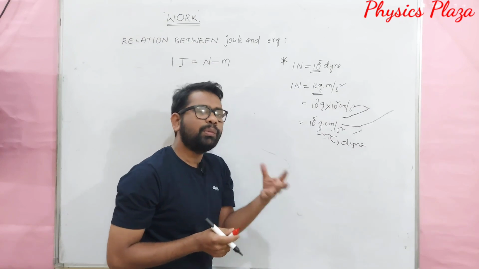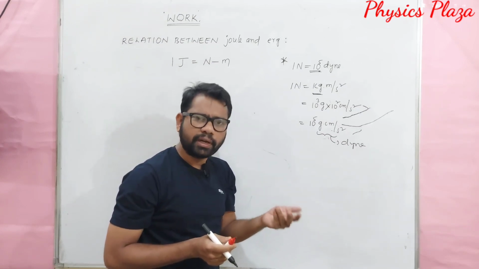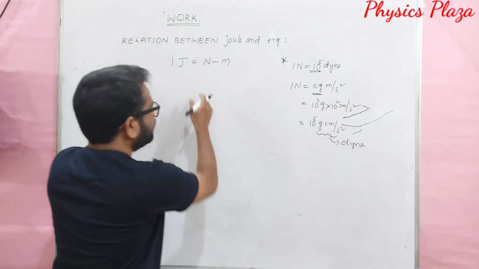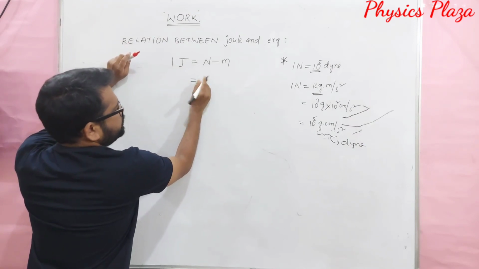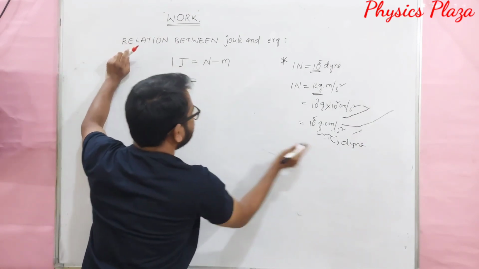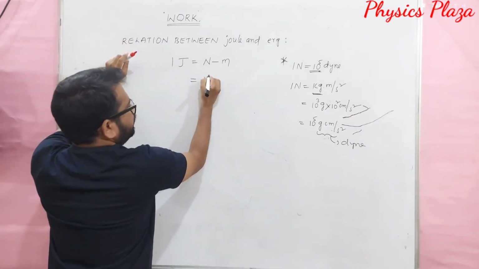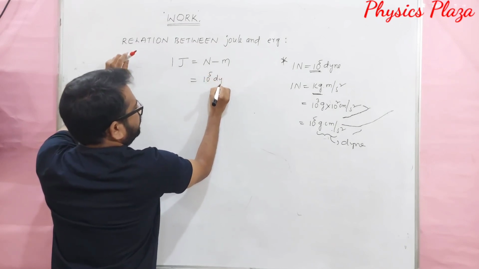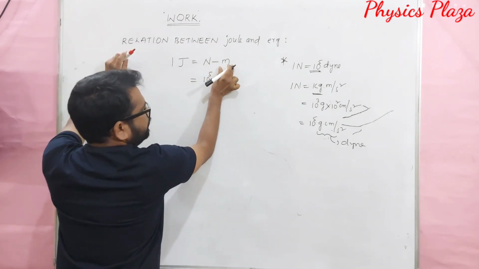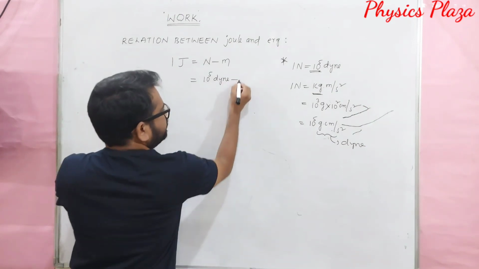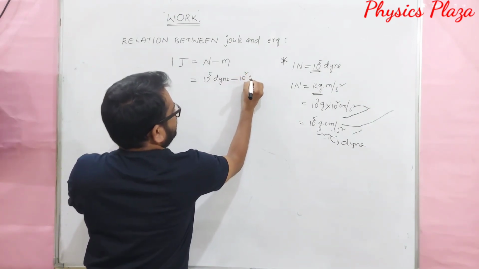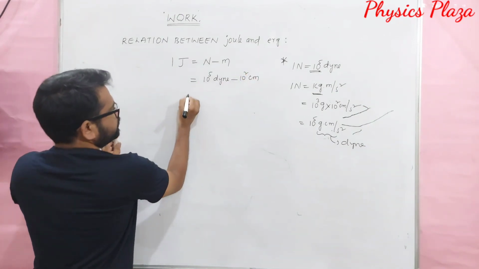And we know that 1 meter is equal to 100 centimeters, that we can write as 10 square centimeters. So in the place of Newton, children, we can write 10 power 5 dynes, whereas 1 meter equals 100 centimeters, that is 10 square centimeters. Have a look here.